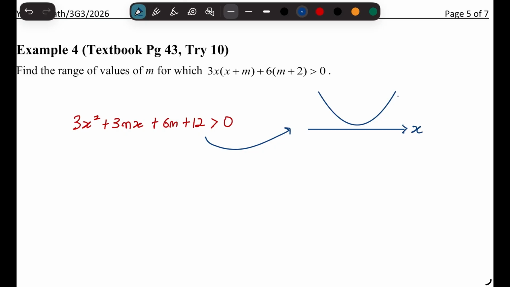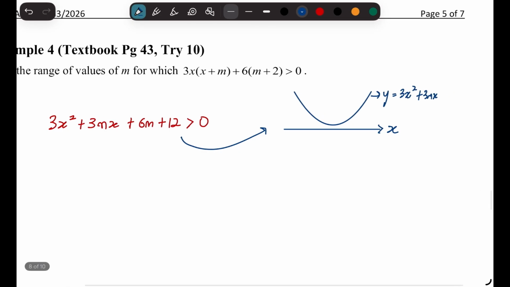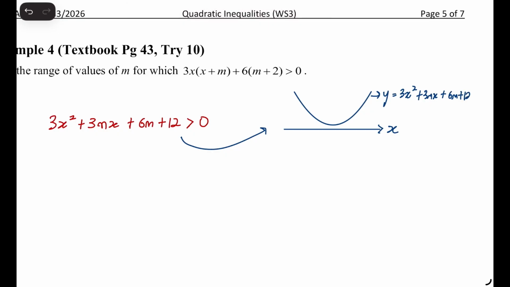This will be the graph of, let's say, y equals 3x squared plus 3mx plus 6m plus 12. The question is saying, I want this smiley face graph over here to be above the x-axis.